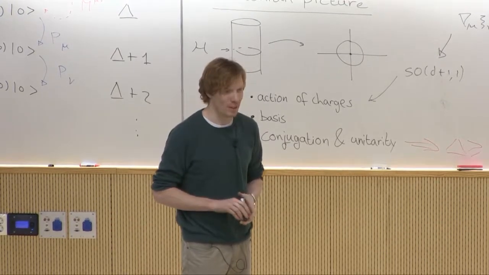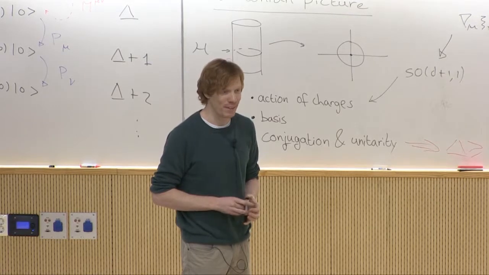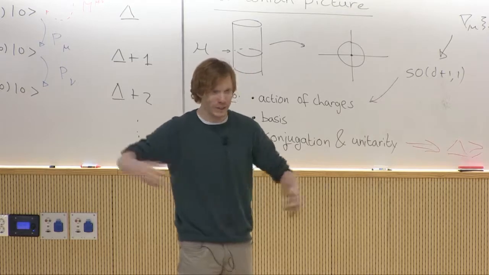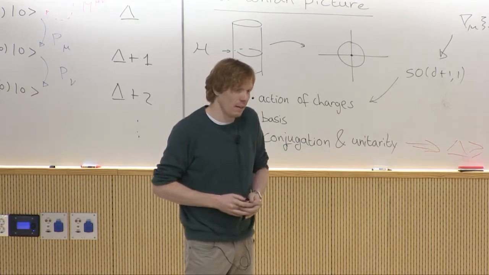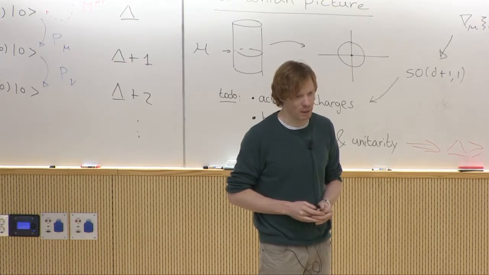I'll mostly be interested in the correlation functions of local operators in flat space. The fact that you can then do a Weyl transformation to reach an arbitrary metric, fine, it buys you more, but it's not something I'll be discussing much.